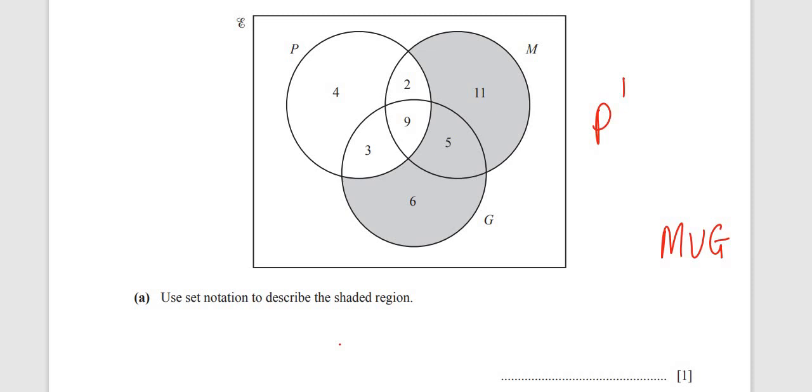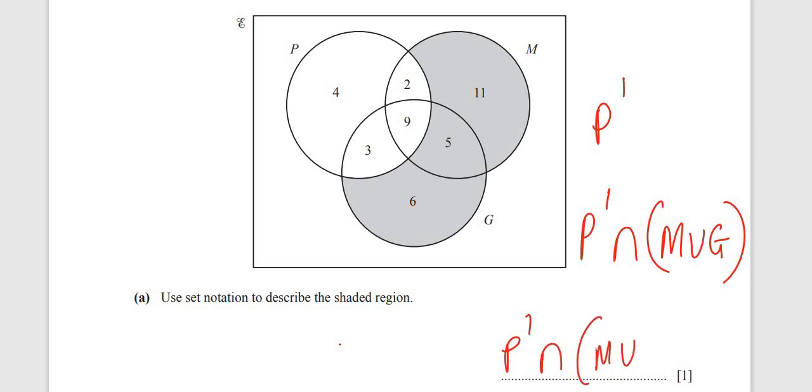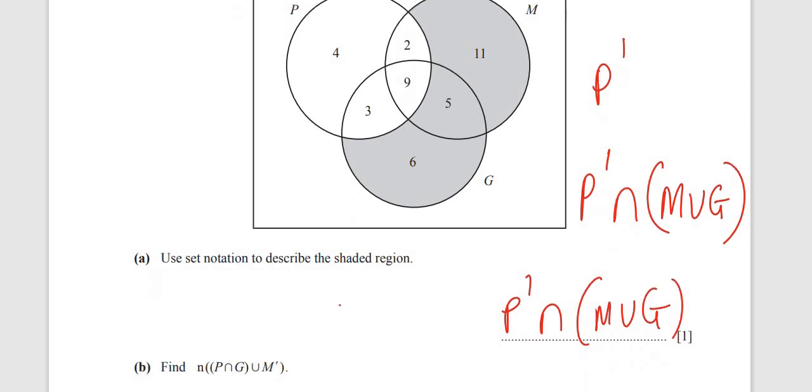So it's going to be P complement intersection M union G. That is the set notation to describe the shaded region.